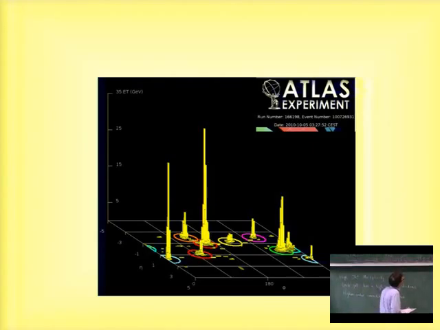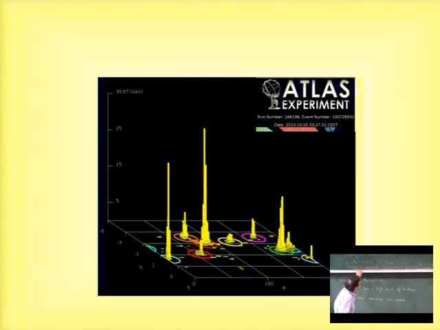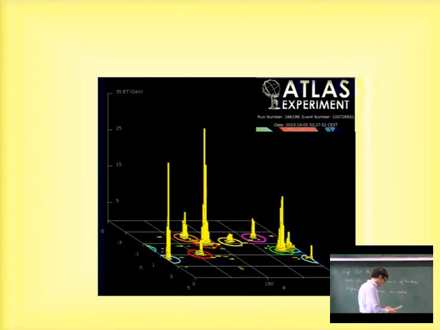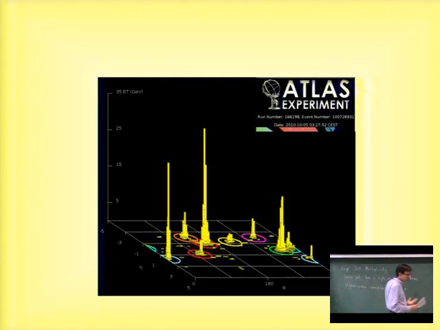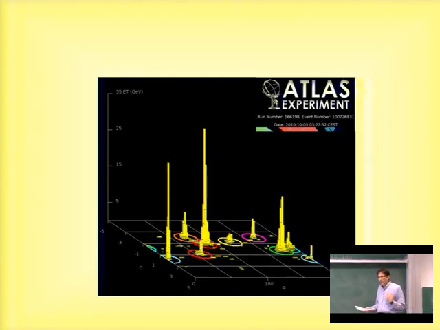So the one thing that actually is not a real problem is the fact that we have these two different pictures, the partonic picture and the hadron picture.